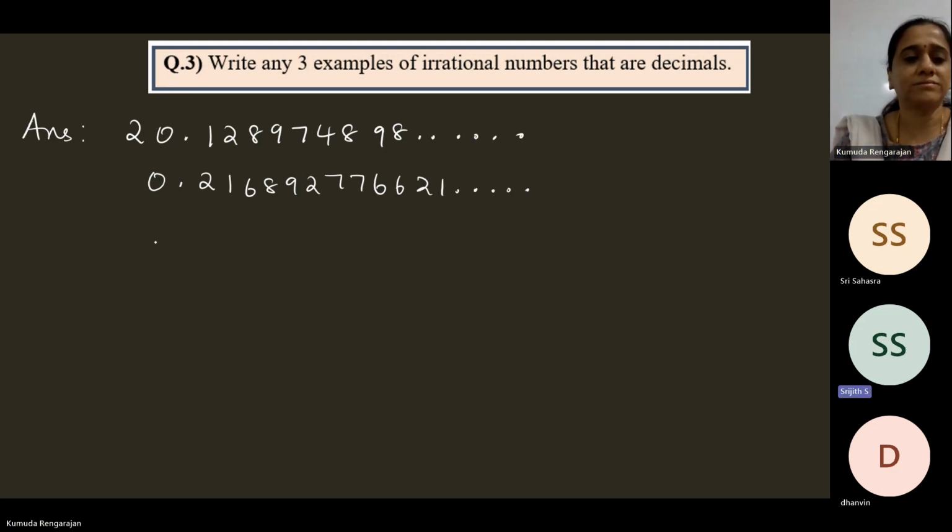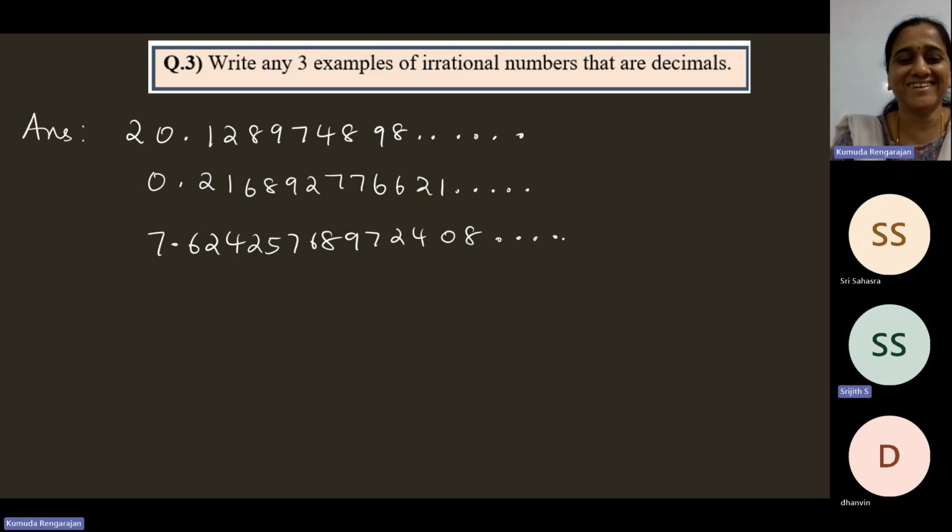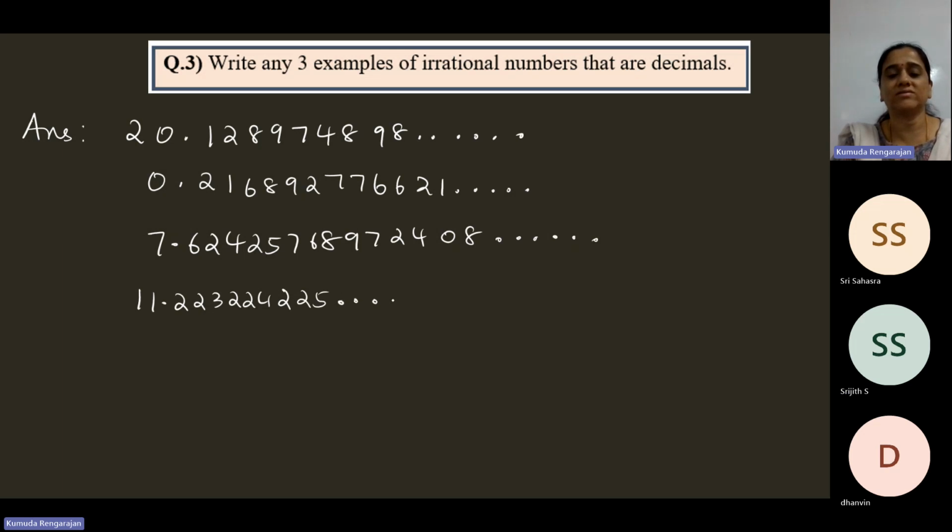Yeah. 6, 8, 9, 7, 4, 0, 8, 7. Enough. You can also try to give examples like, 223, 224, 225, and so on like this.